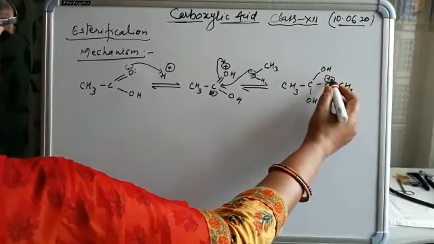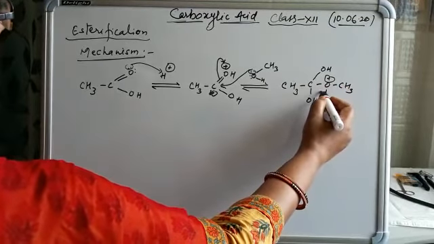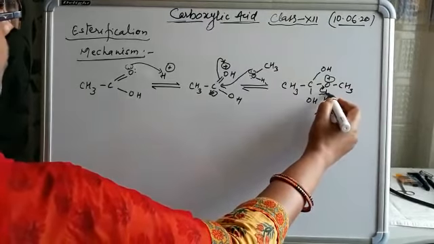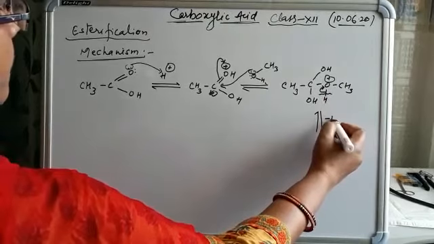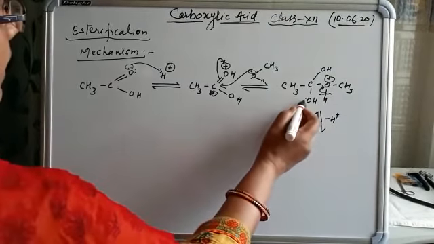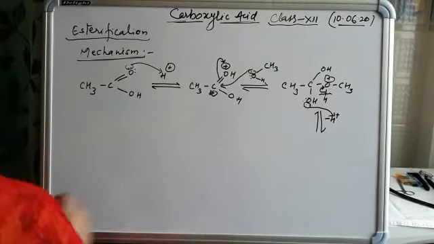Positive charge appears on the oxygen atom, so this electron shifts towards the oxygen and the removal of H plus ion takes place.